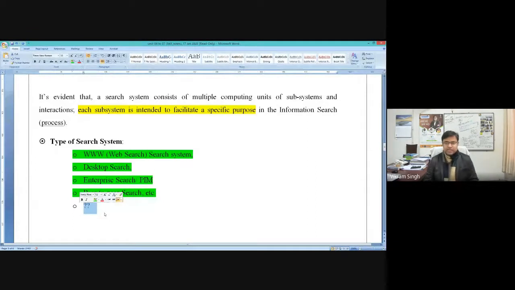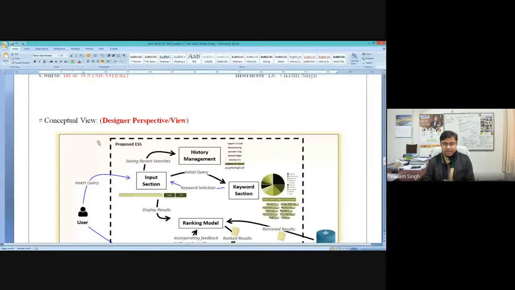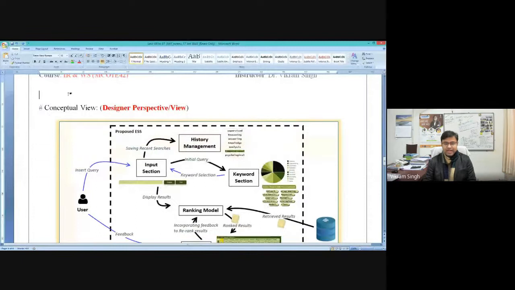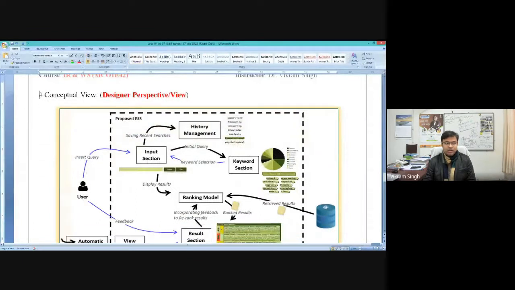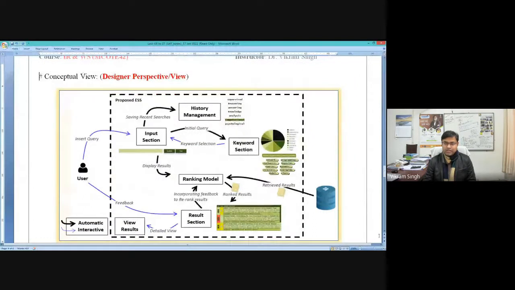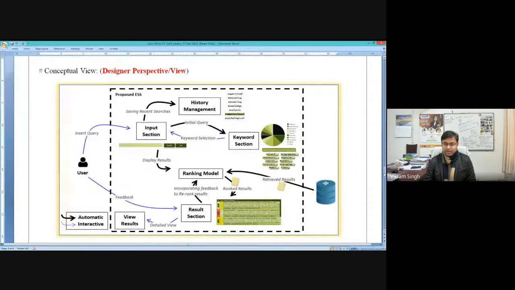So with this, let's have a basic idea of how we can design a system, and acting as a designer of a system, you can also have a basic point of view on a search system. This is just an example.